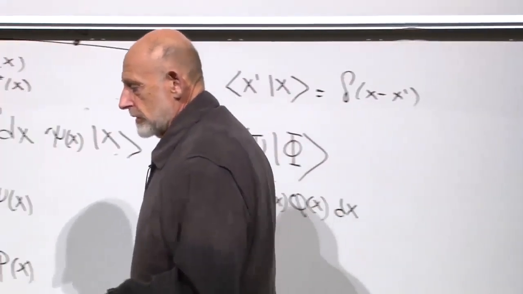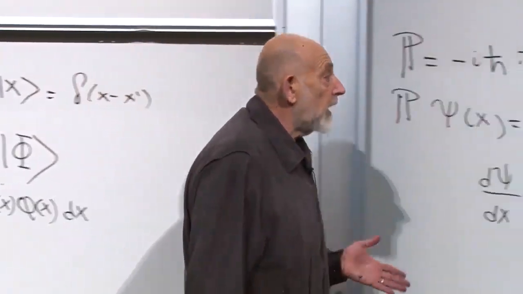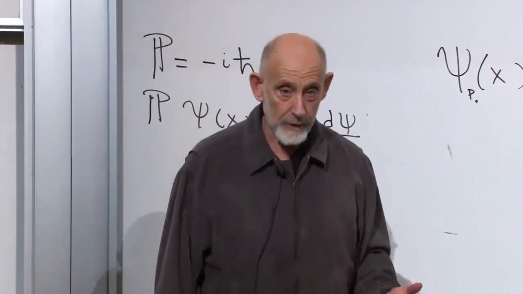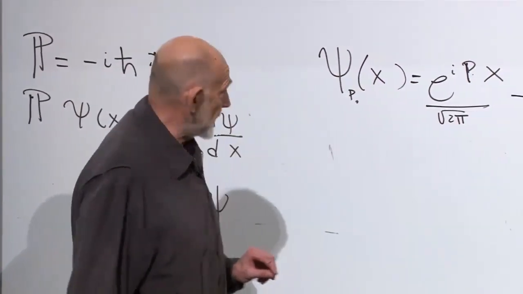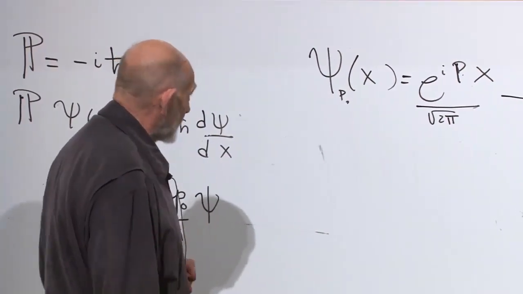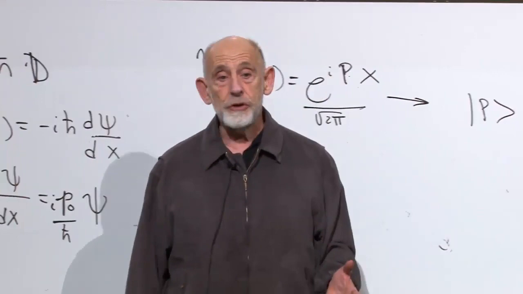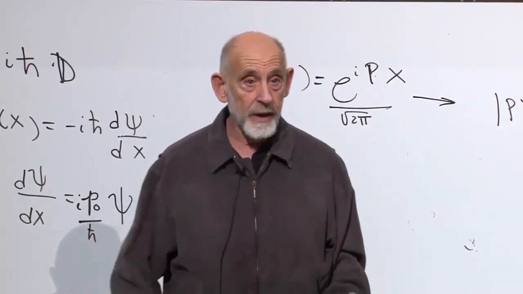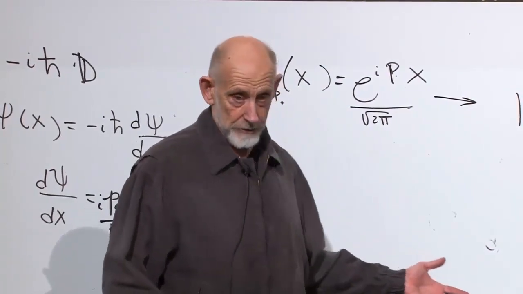In no sense is the position well defined. It's as uncertain as it could be. On the other hand, the momentum is very precise. This is an eigenvector of the momentum operator. If this were the wave function of a particle and you measured its momentum, it would be p. If you measured its position, it would be random all over the axis.